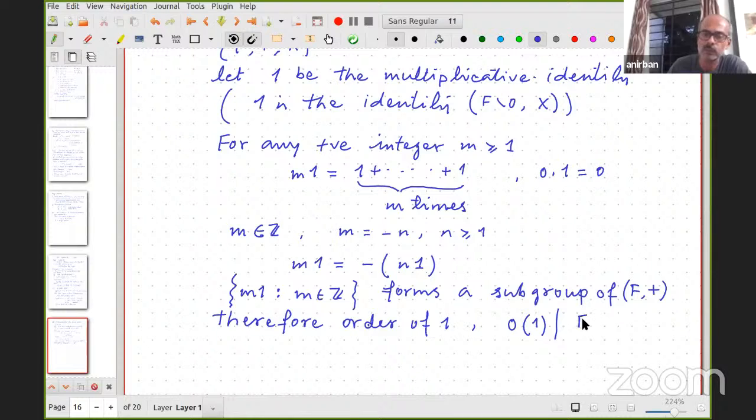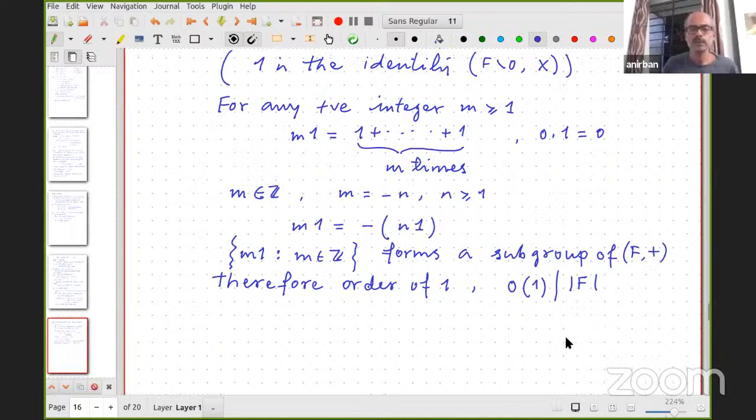Order of every element divides the order of the group. So this divides this. And this order is called the characteristic of the field.